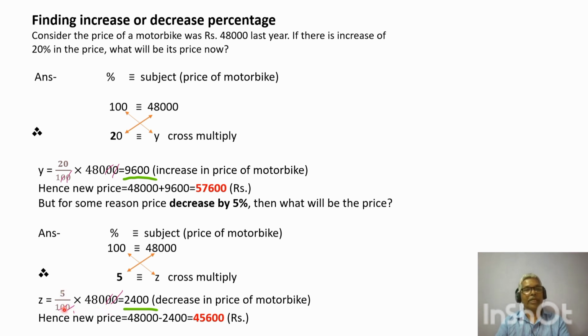So we cancel these zeros and get 2400. This is the decrease in price. Okay, so we subtract this from the price. So 48,000 minus 2400 is 45,600 in rupees. Okay, got it. So this is all about increase and decrease percentage, and in this case it was a vehicle, but it can be any goods. So we move ahead with this.